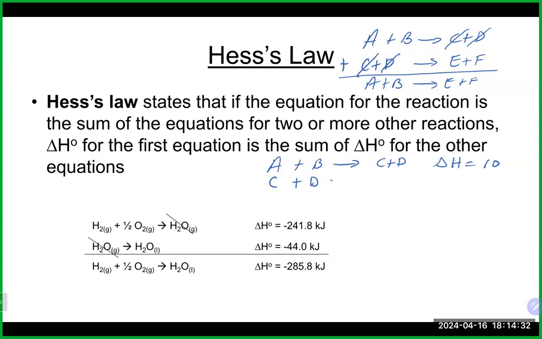C plus D would give me A plus B. What that does to the delta H value is it changes the sign. So this would be 10 kilojoules, and that guy then would be negative 10 kilojoules. And that is because we do products minus reactants. So if we reverse the reaction, our products become our reactants, reactants become our products, and we change the sign.